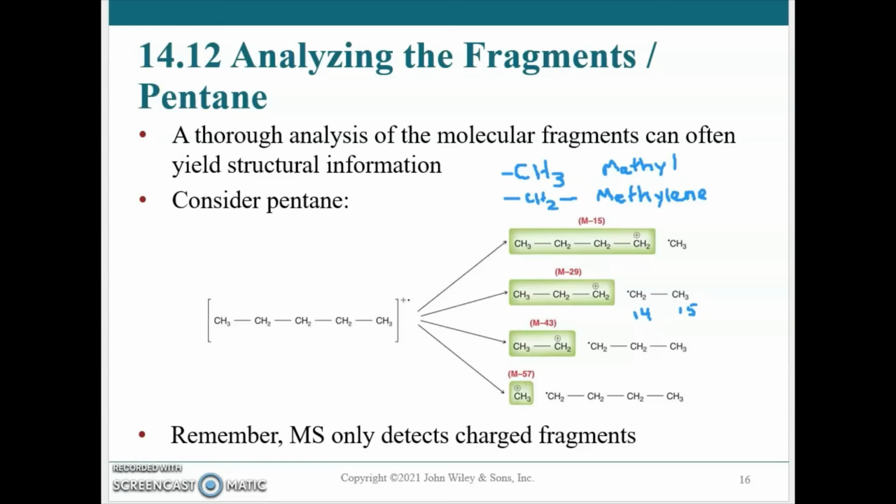So it's our molecular ion minus 29. And then an additional methylene loss is another 14. So if we see peaks that are regularly spaced 14 mass units apart, we can surmise that these are loss of methylene groups.